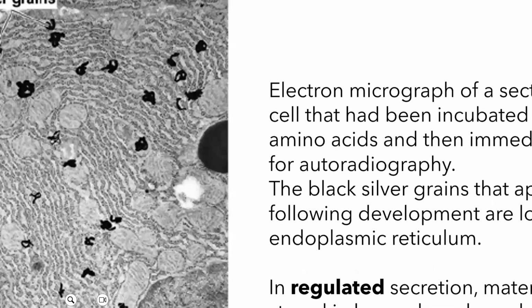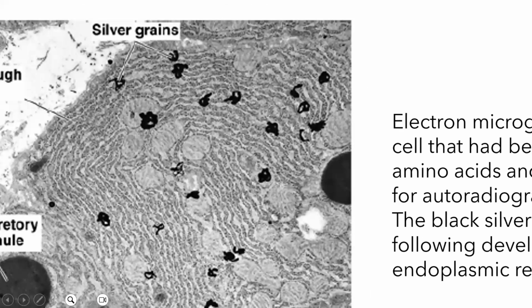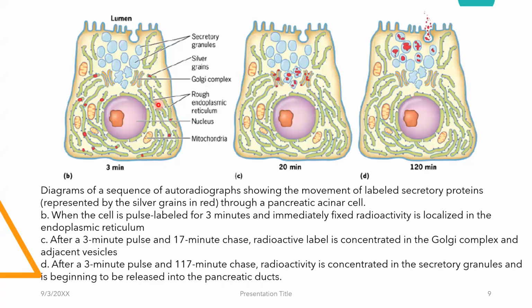Whereas the smaller ones, you have smaller silver grains of other proteins, because it's basically just amino acid, so it can be a regulated protein or a constitutive protein. Others are basically used by the cells. So they form these small silver grains, hanging around in other parts of the cell. These are mostly for constitutive tasks.